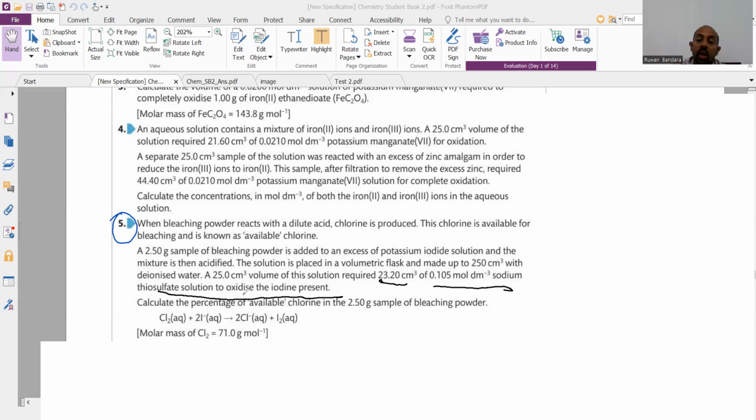Right. Here we go. First step, you can find the moles of sodium thiosulphate. Good. Moles of sodium thiosulphate, that is 23.2 into 0.105 divided by 1000.